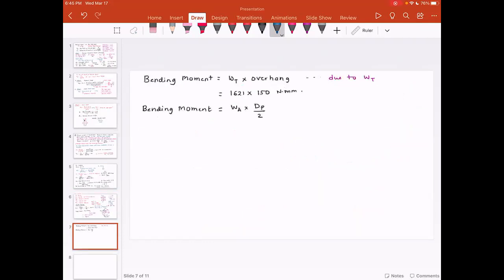So it is very important to note that when we do WA, which is 935 multiplied by 144 by 2 Newton millimeter due to WA. Please note these two moments are perpendicular to each other.